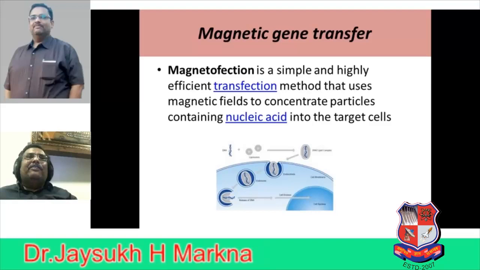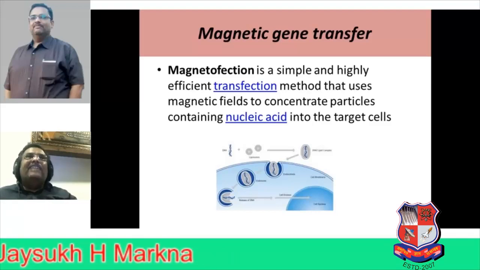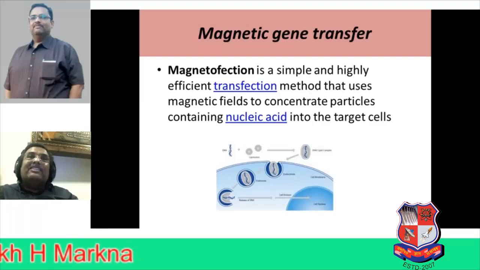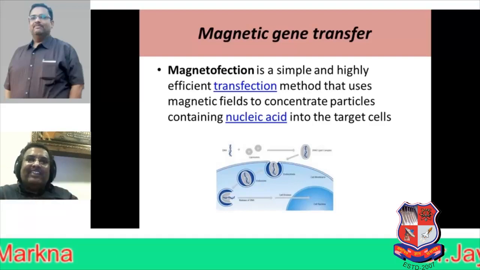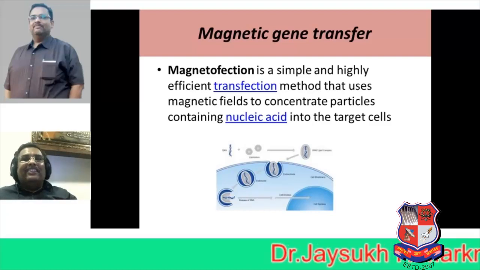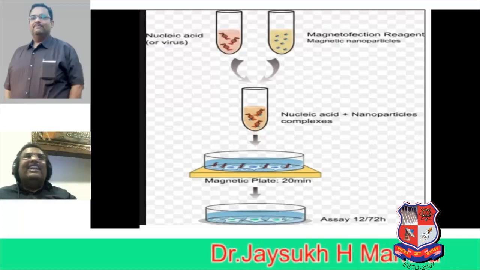And magnetofection is a simple and highly efficient transfection method that uses a magnetic field to concentrate particles containing nucleic acid into targeted cells. From the figure now you can easily get the idea.